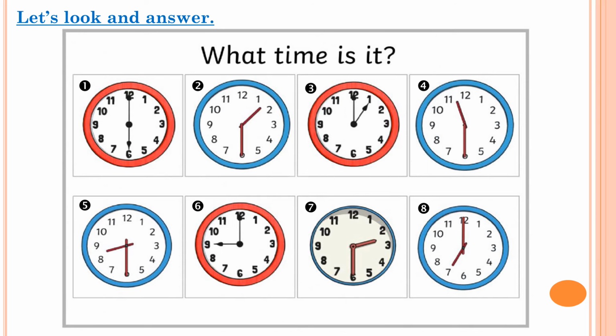Good. After you practice asking and answering the question, I would like you to look at and answer more questions about the clocks here. We start with the question, what time is it? Look at clock number 1. You see the short pointer points to number 6 and the long pointer points to number 12.